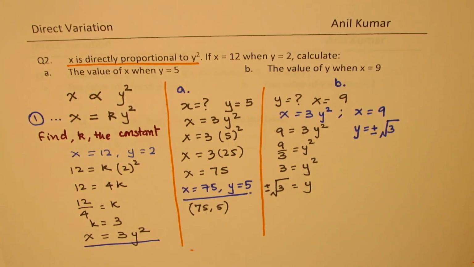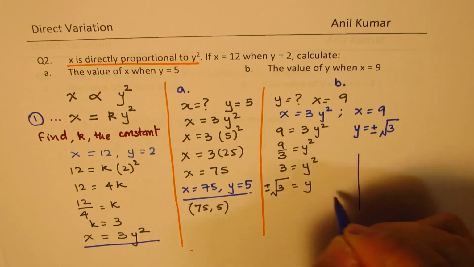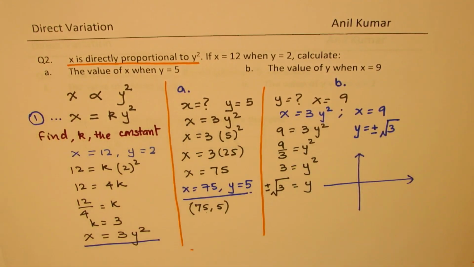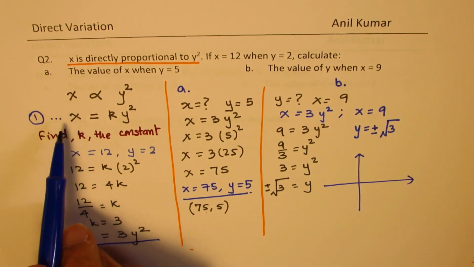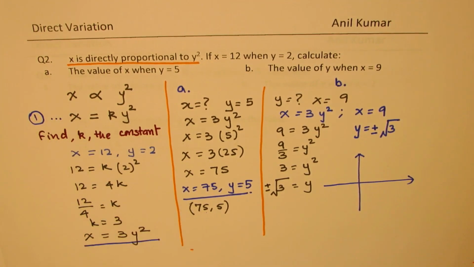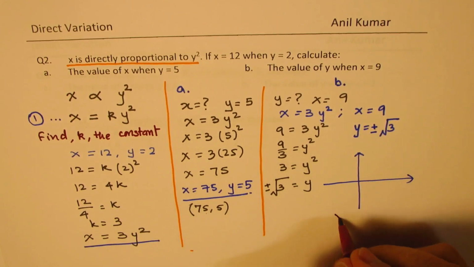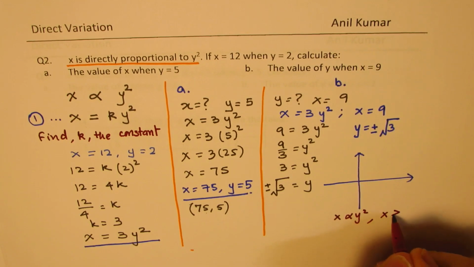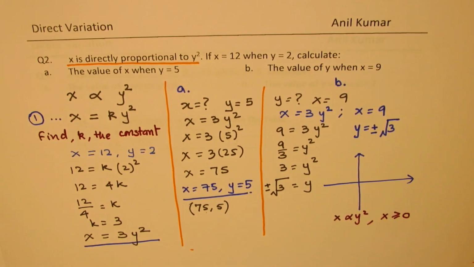Let us try to understand this concept before leaving this particular question, right? So in a coordinate plane, what we see here is x is k times y squared, right? So when I say that x is proportional to y squared, that means x is greater than or equal to 0, correct? And we have seen that y could be positive or negative.